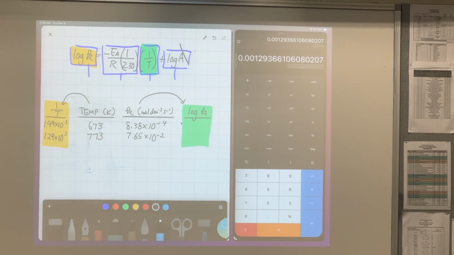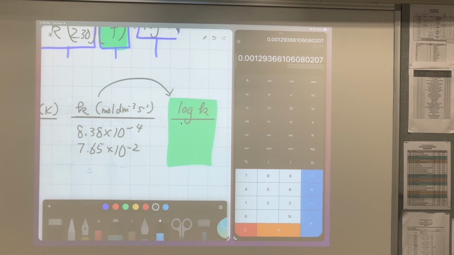And for log K, I'll wait till you give me the answer. So all of you work on this quietly, individually first. Type this number on your calculator and log it. I want to check if you know how to use a calculator. Convince me that you know how to use the calculator.